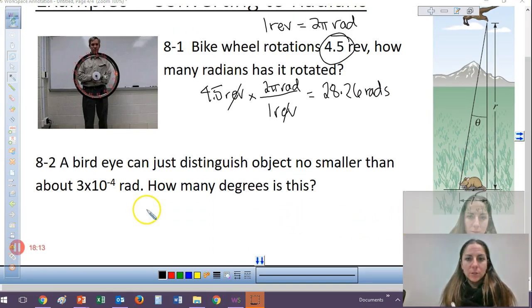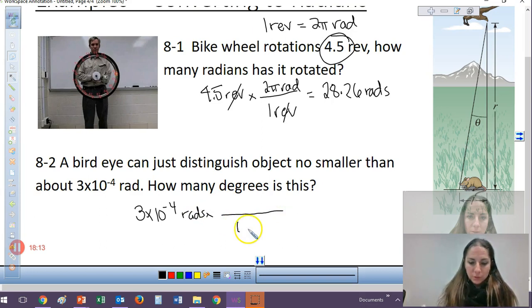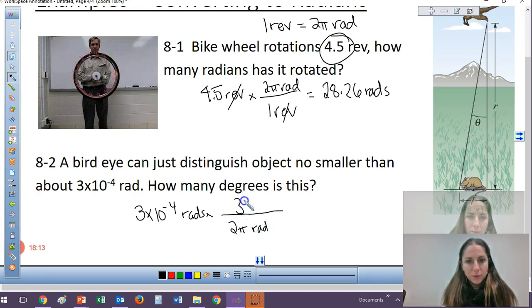Okay, we can do something like this. Say we have this many radians, how many degrees? So it's another conversion factor. So we can do 3 times 10 to negative 4 radians times, I know in 1 radian, I'm sorry, in 2 pi radians, there's 360 degrees.